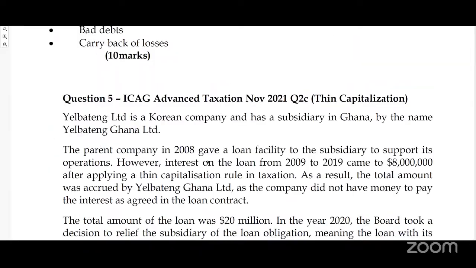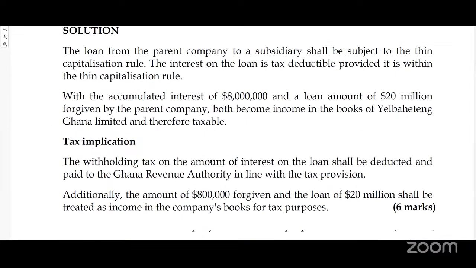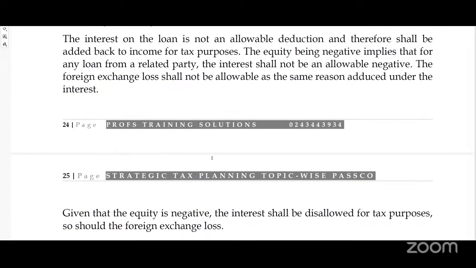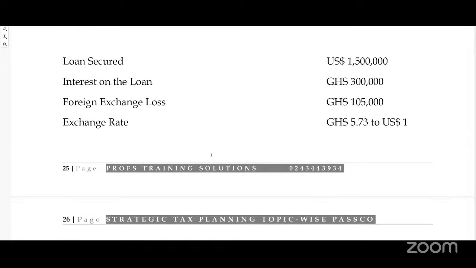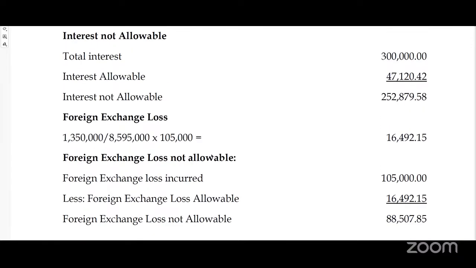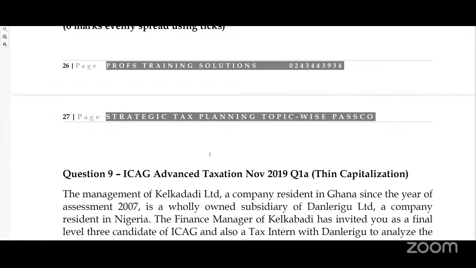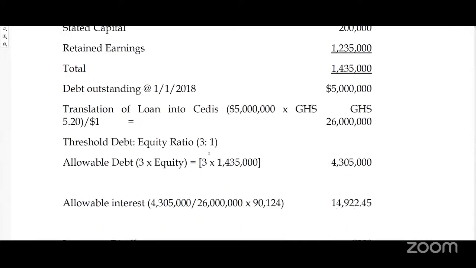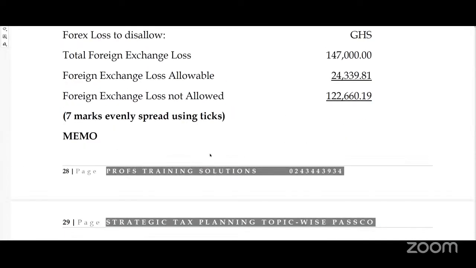You see, these are all past questions, according to topic, according to what area. And you see that thin capitalization dominates. So I see thin cap, always. Anti-avoidance is between thin cap and mostly mergers and acquisitions. You see thin cap all the time.